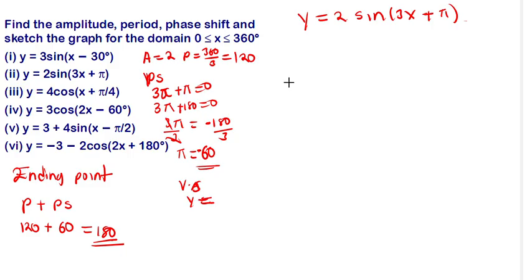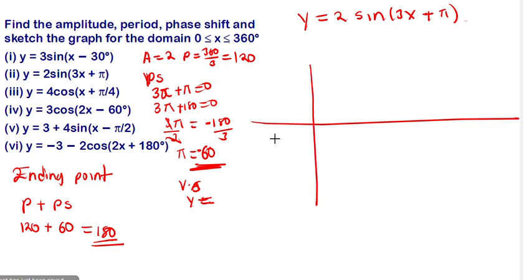So this tells me that the starting point of the graph is negative 60. And where is it ending? It's ending of just one graph at 180.